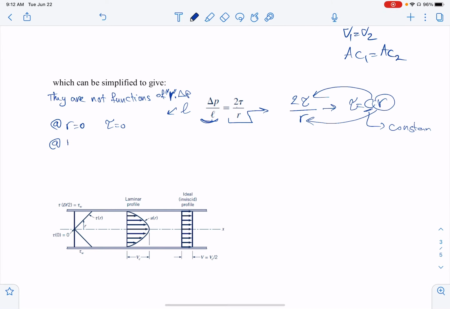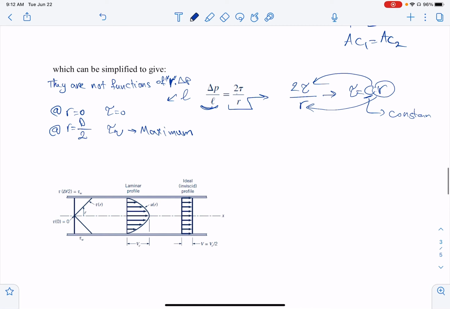Let's say at R equal to D over 2, we're going to get the wall, right? And it should be maximum there, right? And this is going to be maximum, and we call it wall shear stress.